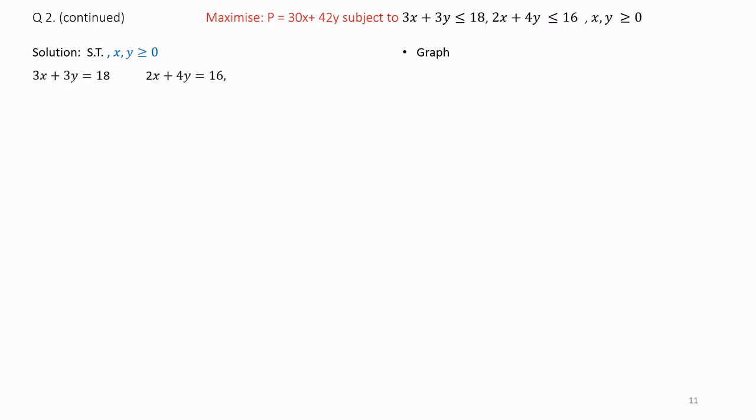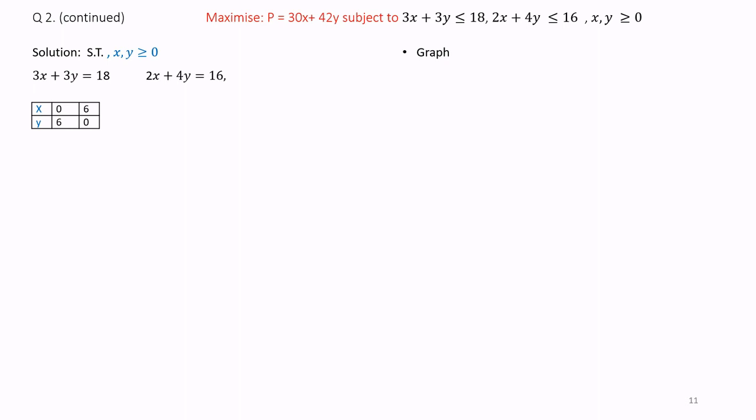So the two constraint equations, 3x plus 3y equals 18 and 2x plus 4y equals 16, are written. And we will find out the method to draw the lines for these equations. So see the table column for line 1. Say line 1 is 3x plus 3y.